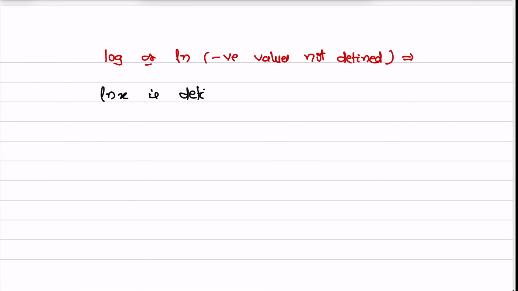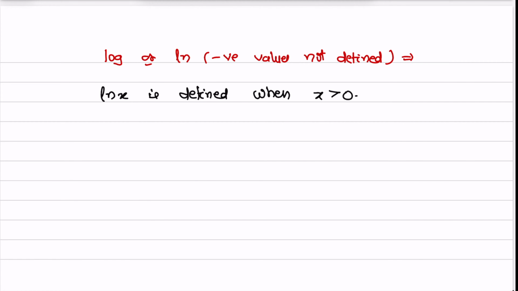It implies ln x is defined when x is greater than 0. But it's not the end of the road.